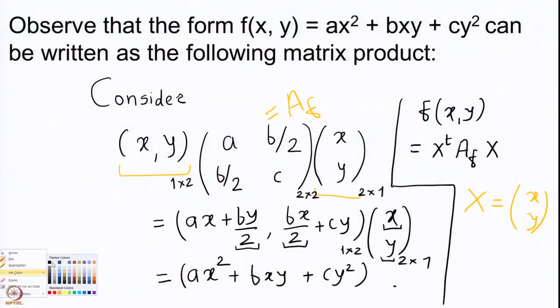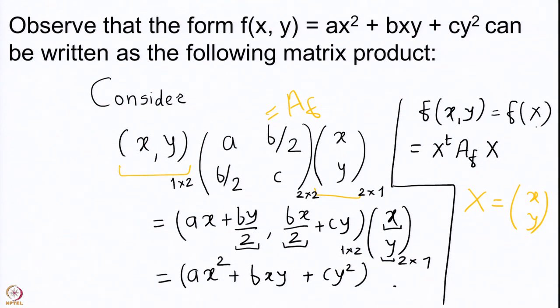So, f(x, y), or you may also call it f of capital X, is X transpose A_f X. This is how we have obtained the binary form and its value.